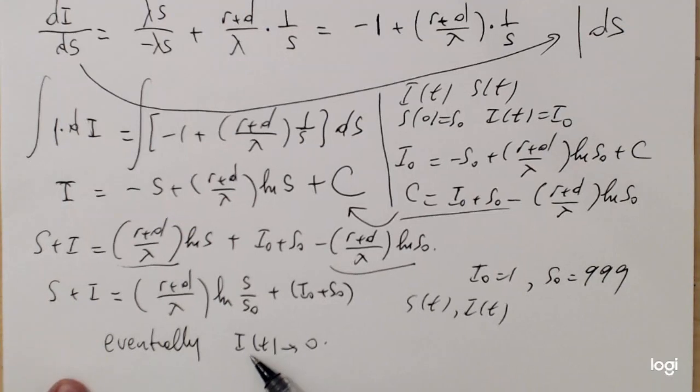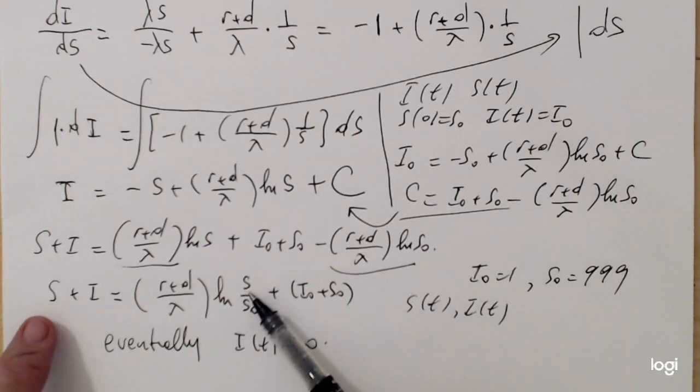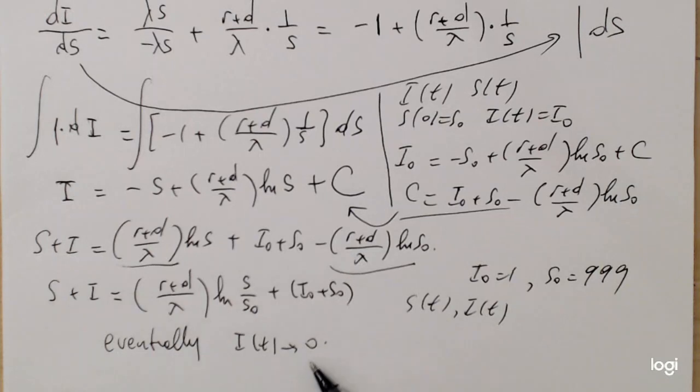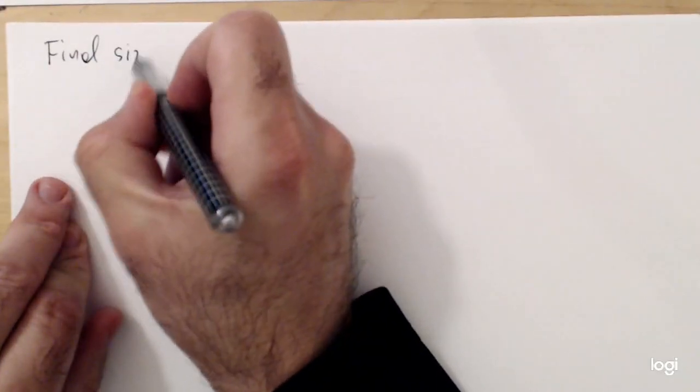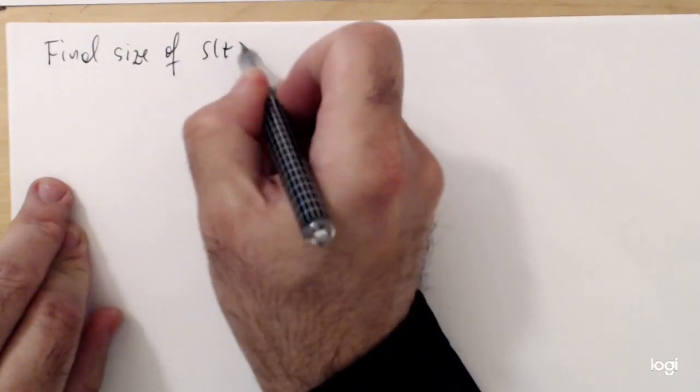Eventually, if I of t goes to 0, if I replace I with 0, what's left is an equation that will give me the final size of S, because I is 0 only at the end of the epidemic. So when I replace I of t with 0, let's write it on a second piece of paper. We have the equation for the final size of S of t.